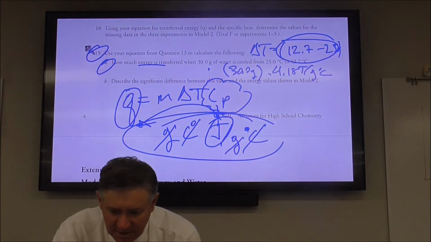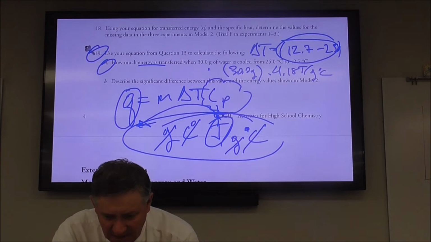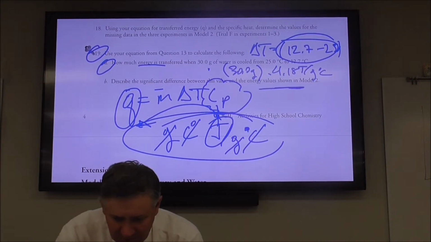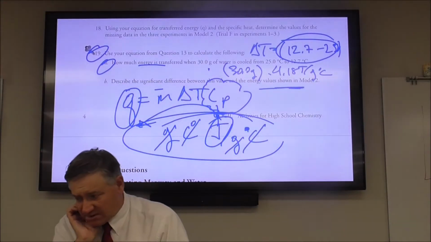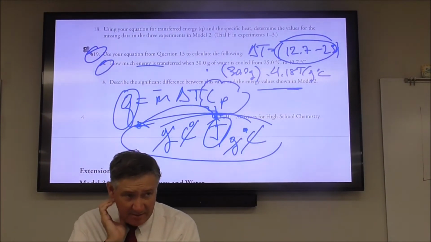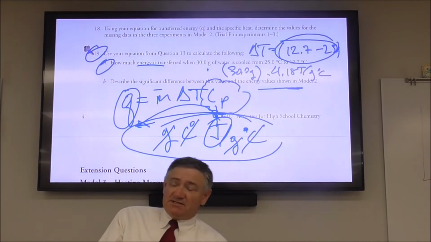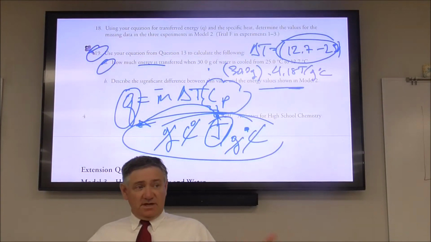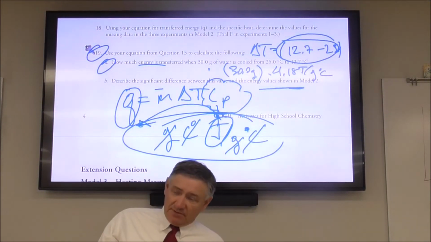So on B it says describe the significant difference between the values and the energy values shown in Model 2. Okay, so first off, because it's cooling down, one significant difference is the fact that this value is negative, which means energy is flowing out.